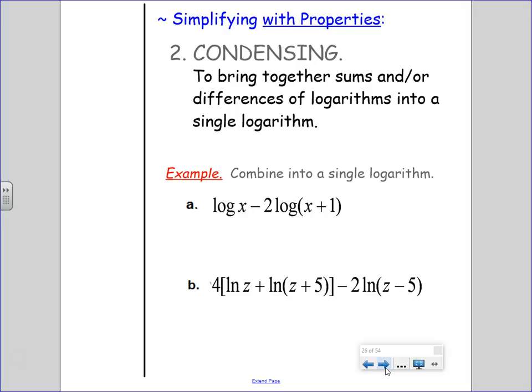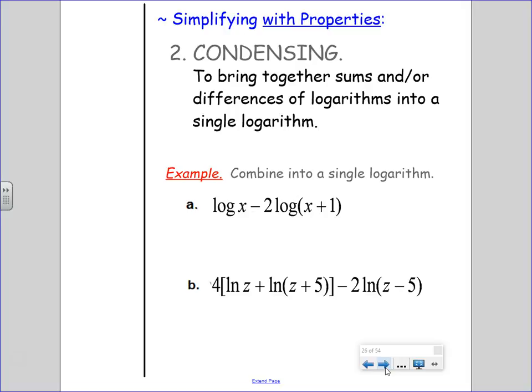So, if you think about it, expanding goes from the side of a single log to the side of the split apart logs with sums and differences, etc. Condensing goes from the side of the spread apart logs back to the brought together logs.